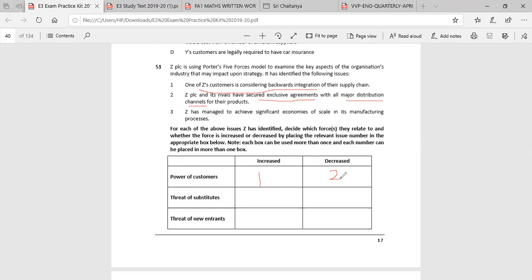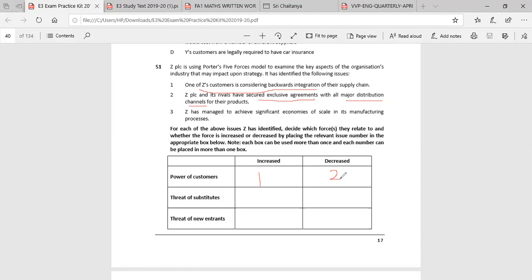For that there's a subscription amount or membership fee. If you move from one business to another, you will have to forego those benefits. Also here, they have secured exclusive agreements, so subscription fees, switching cost. In that case they will not move from one competitor to another. So the power of customers has reduced.